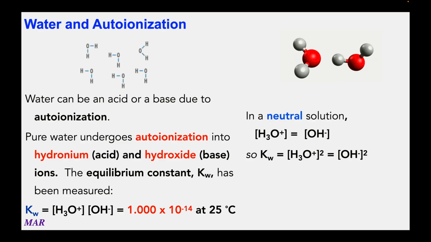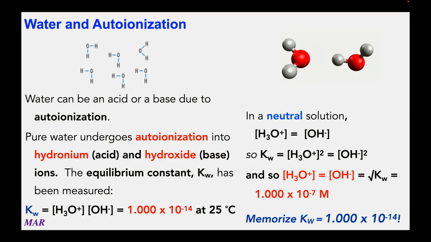So instead of saying Kw equals hydronium times hydroxide, because they're equal, you could say Kw equals hydronium squared or hydroxide squared, either way. But if you're curious as to what the value of hydronium or hydroxide is, take the square root of that Kw.